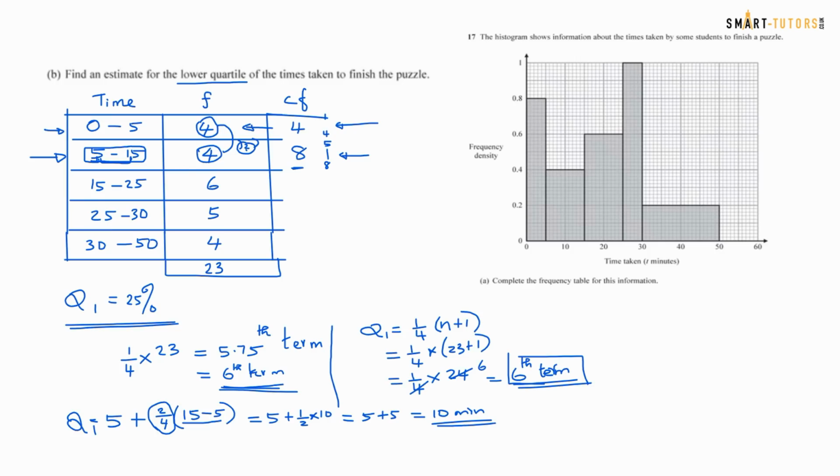I am looking for half of it plus the starting number 5. So 5 plus, the class width is 10, and the fraction is 2 upon 4 because I'm searching for the second number out of 4. So half times 10 is 5. 5 plus 5 is 10. The 10 minutes is the final answer for question 17B.